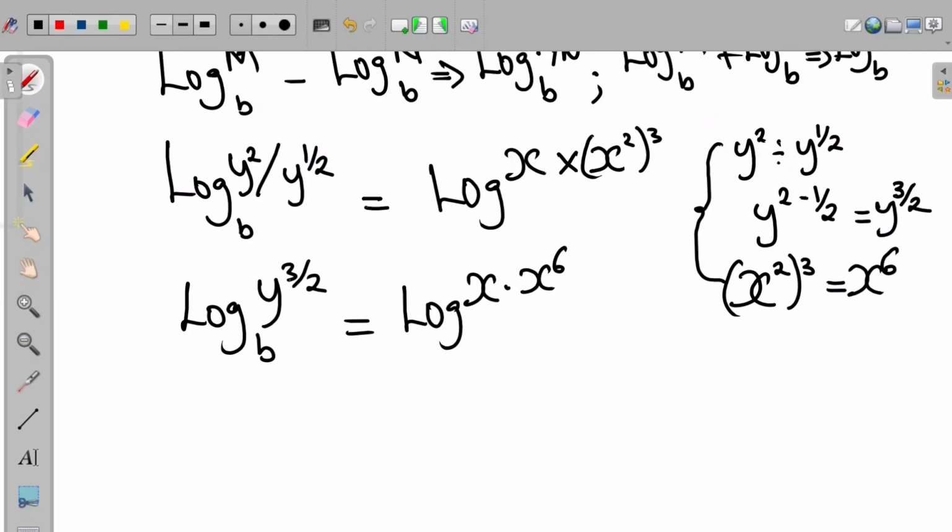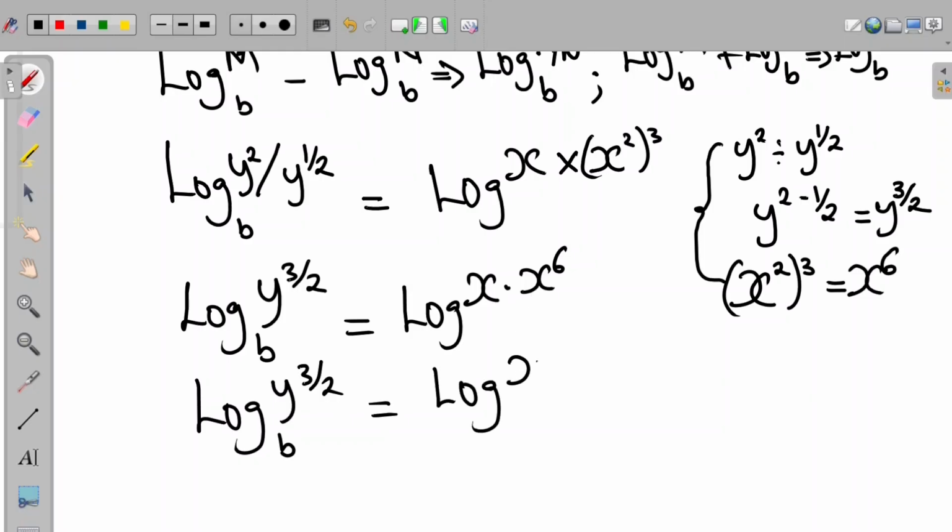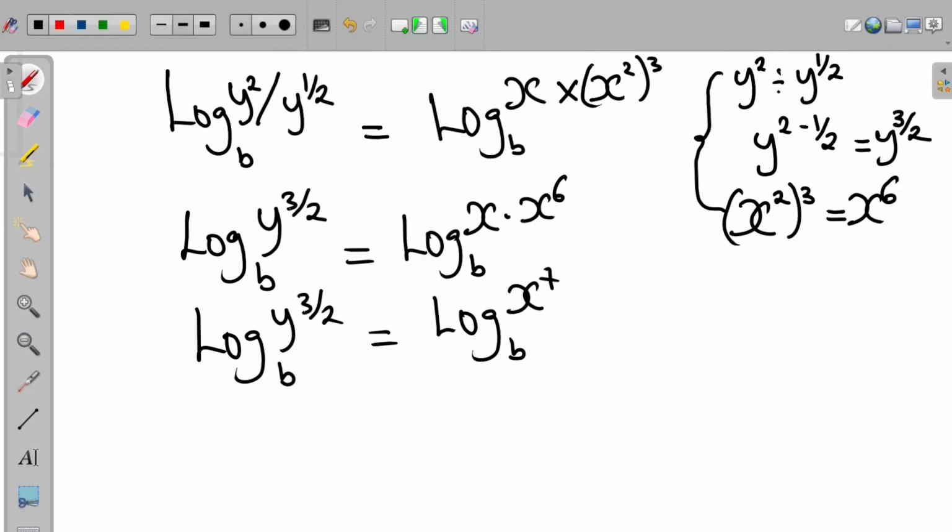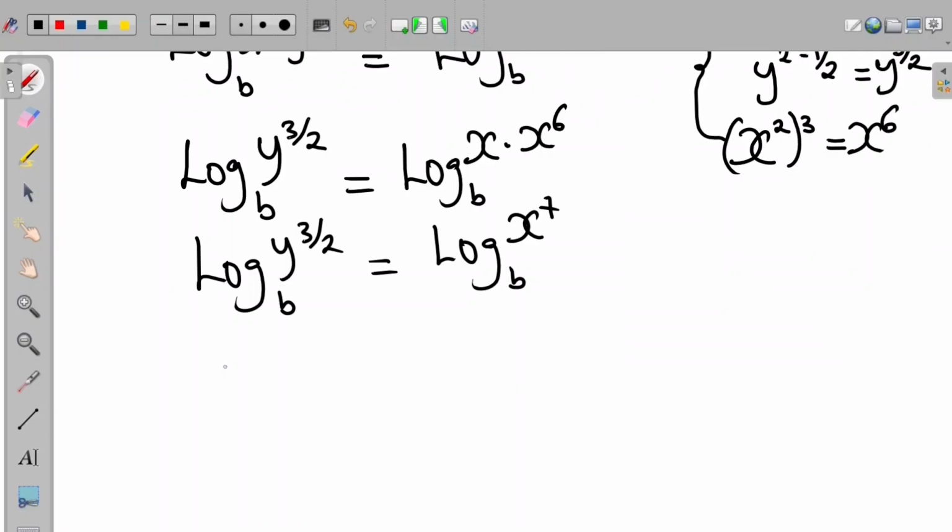So this is also equal to log y raised to the power of 3 divided by 2 all in base b, equal to log x times x raised to the power of 6, which is x raised to the power of 7, all in base b. So please, this is base b. Thank you. At this point, since their bases are the same, the equation becomes y raised to the power of 3 divided by 2 equal to x raised to the power of 7.